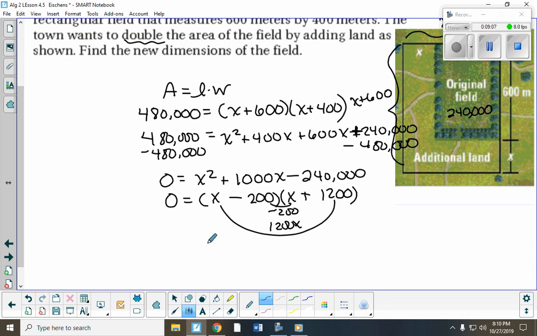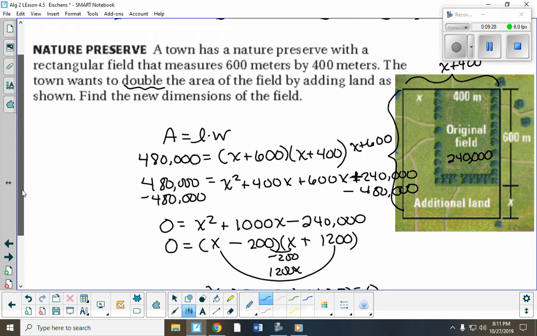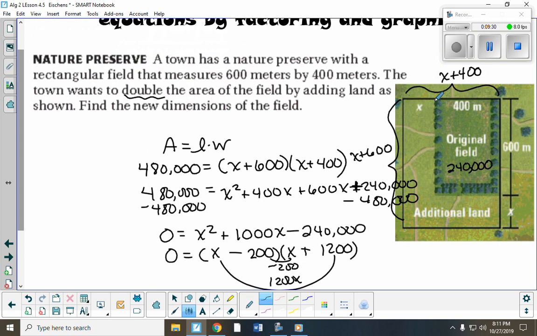And so now to solve, we set those equal to 0. And so x would equal 200 and x would equal a negative 1,200. Now, if you look at these solutions, they don't both make sense. The negative number would not work because x cannot be a negative length.